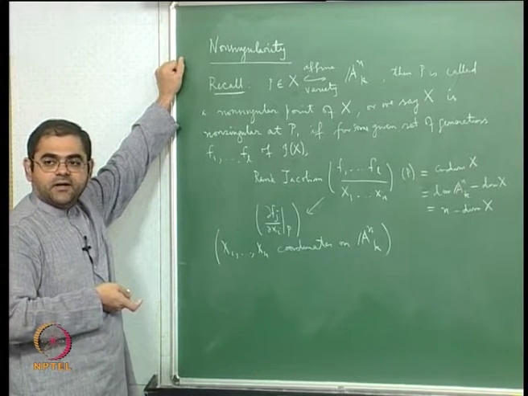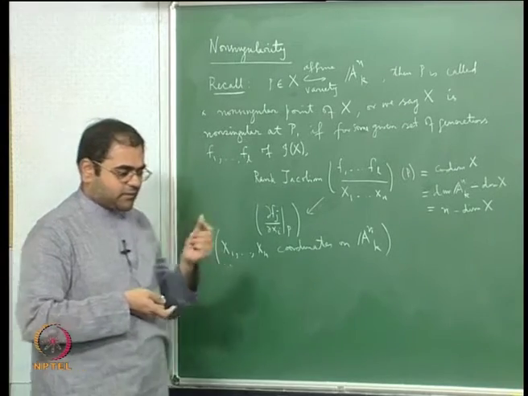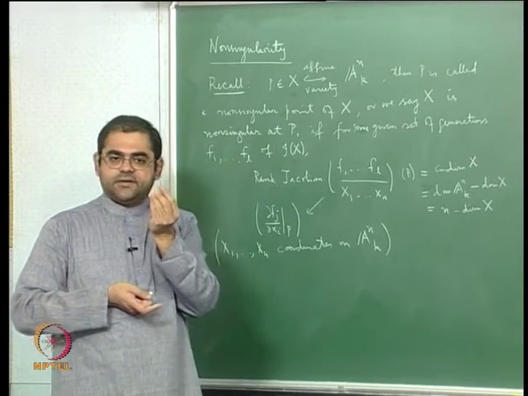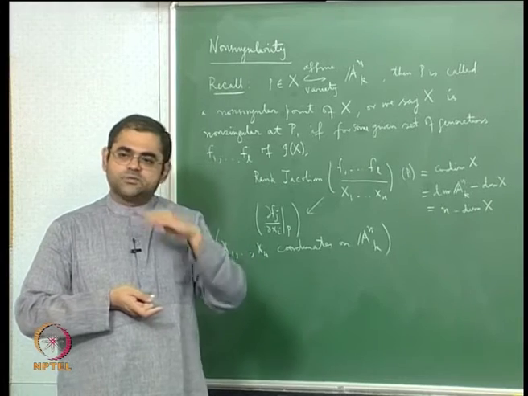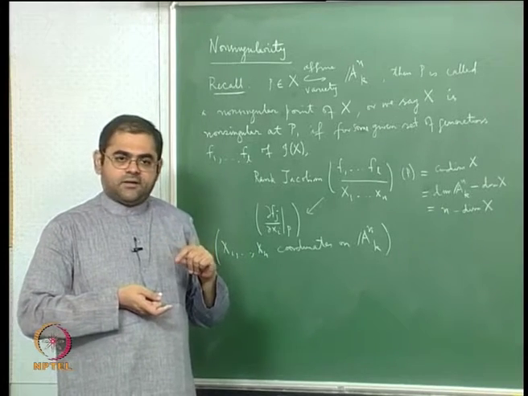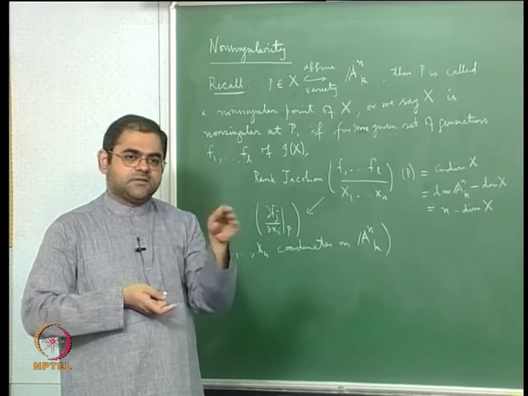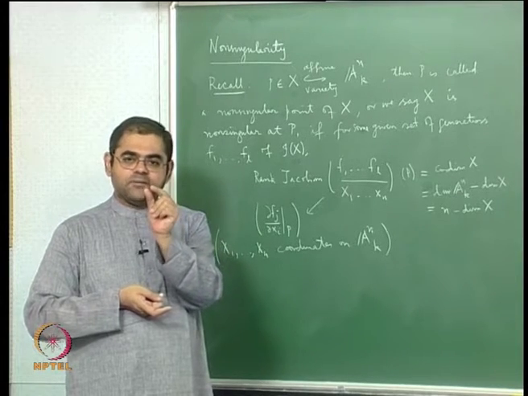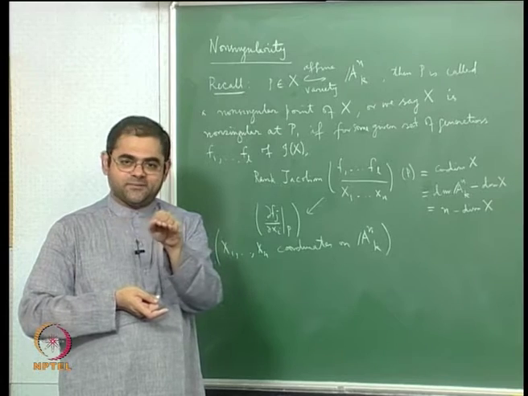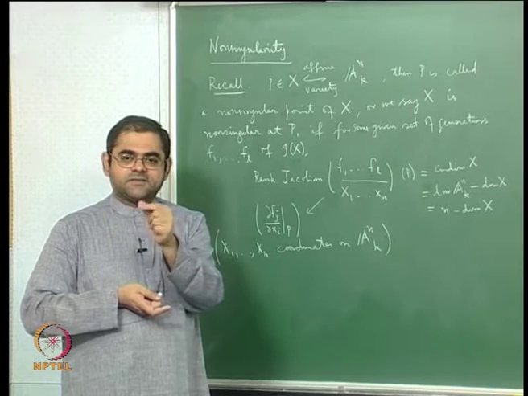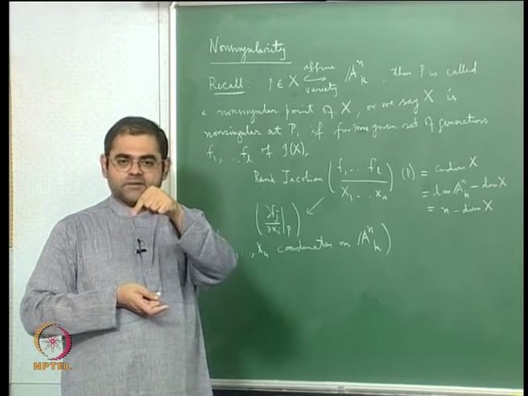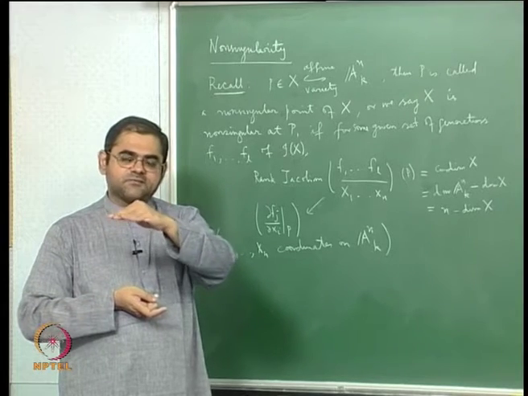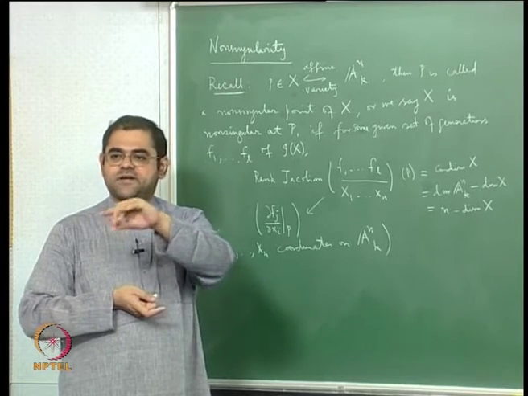The non-singularity or the smoothness at a point is a local notion, okay. When you say a curve is smooth at a point, it means there is a sufficiently small neighborhood of the point where it is smooth. Similarly, when you say a surface is smooth at a point, it means there is a sufficiently small neighborhood of the surface where it has to be smooth.